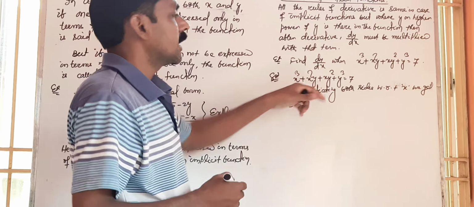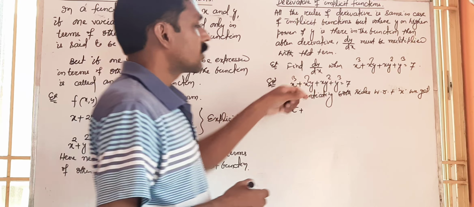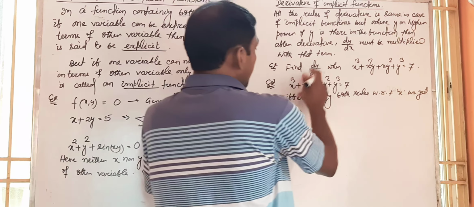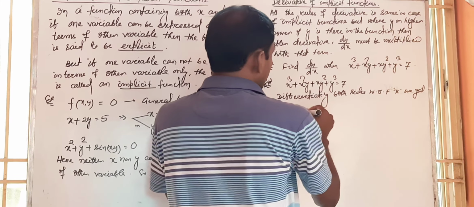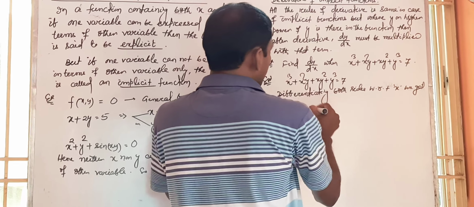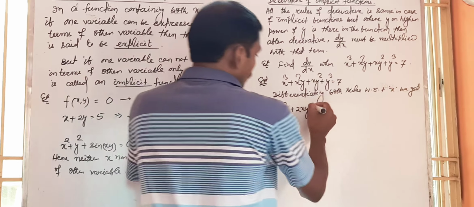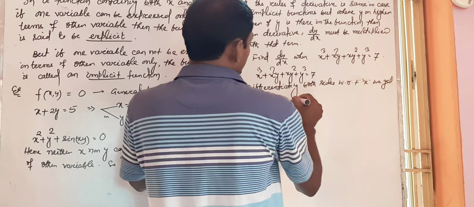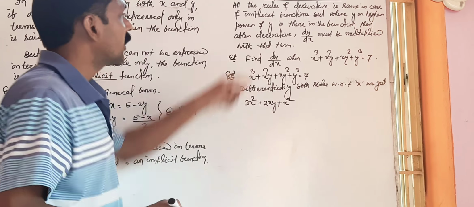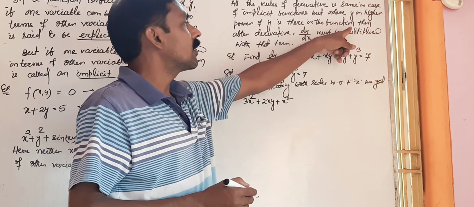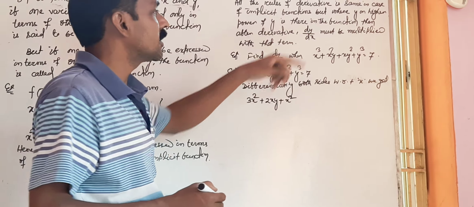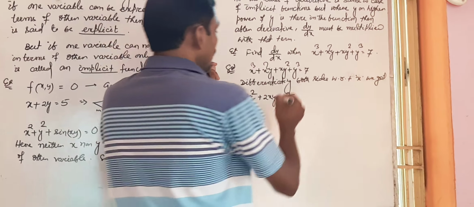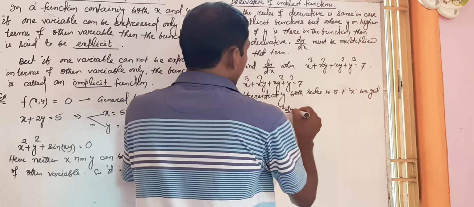Now here x square y, so we will use the product rule. First, derivative of x square is 2x into the second term y, plus x square into derivative of y. Here y is there, so when we find the derivative of a term containing y, we have to multiply dy by dx.